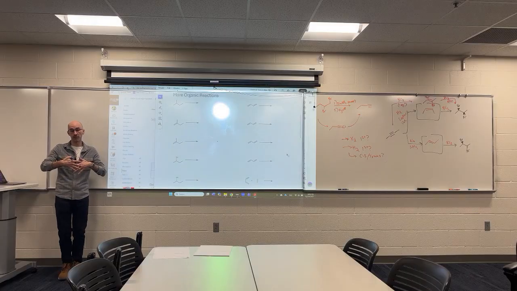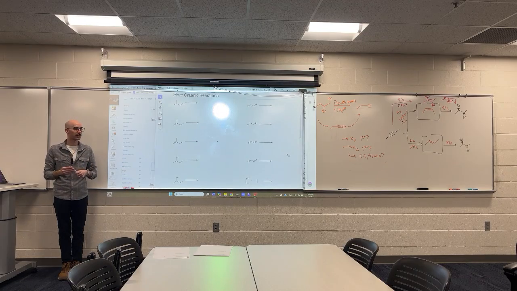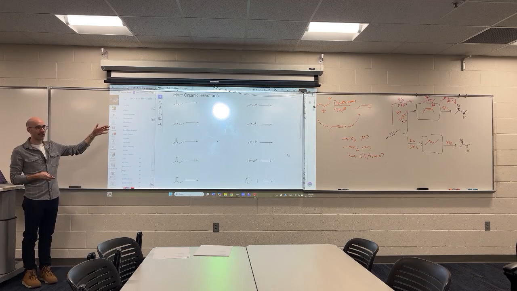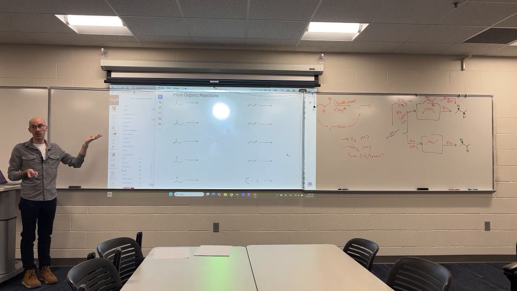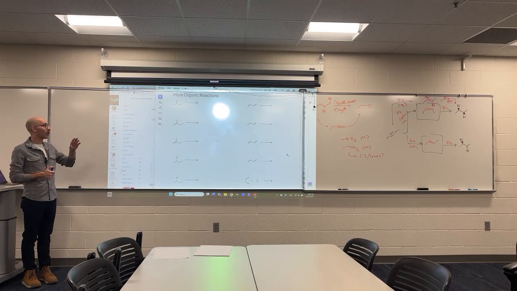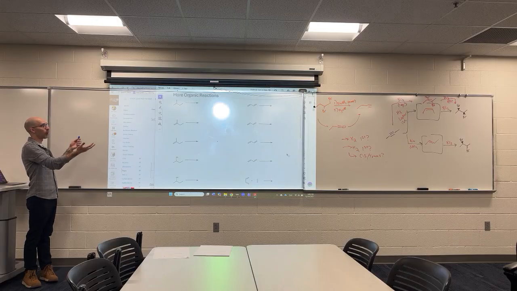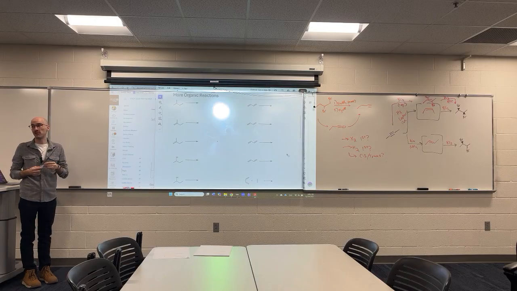And then we can put new groups like carbon-halogen bonds. And then we can actually do more chemistry by breaking those carbon-halogen bonds to make alkynes. And once we have alkynes, we have even more pi bonds to do chemistry with. The chemistry of an alkane is pretty inert. Those CH bonds are not very reactive. There's no other functional group. There are no polar bonds. There's not a lot to do here.